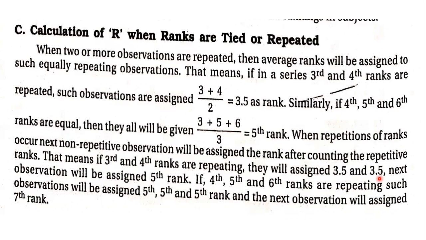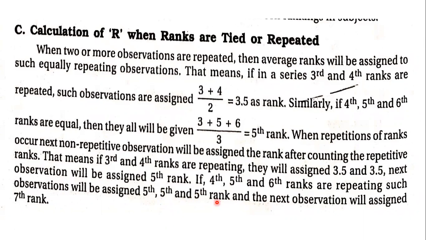The next observations will take positions 4, 5 and 6. Okay, this is not 3. So in this case, the average is the 5th rank. So we are going to assign 5th rank for all the 3. Now after 4, 5, 6, we have assigned 5, 5, 5. Now the next rank will be 7th rank.